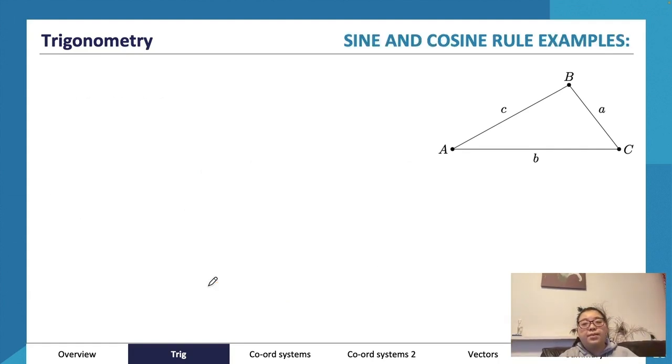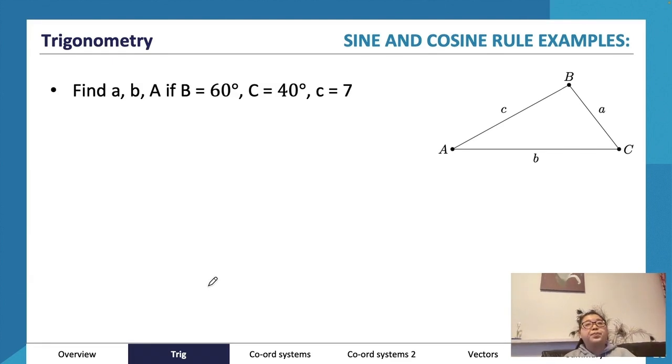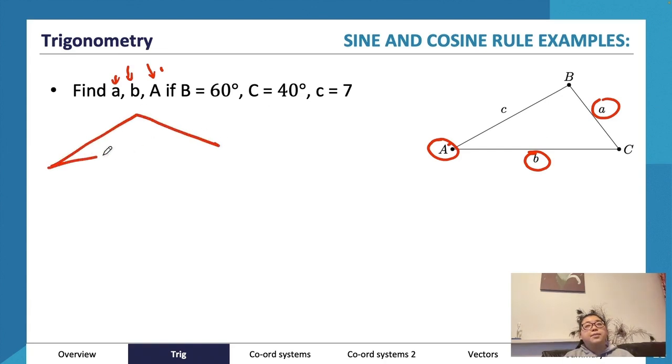Cool, let's go through some examples. So, if we have find a, b, and capital A, if we know B equals 60 degrees, we can draw this out so we don't doodle all over the triangle in the corner.